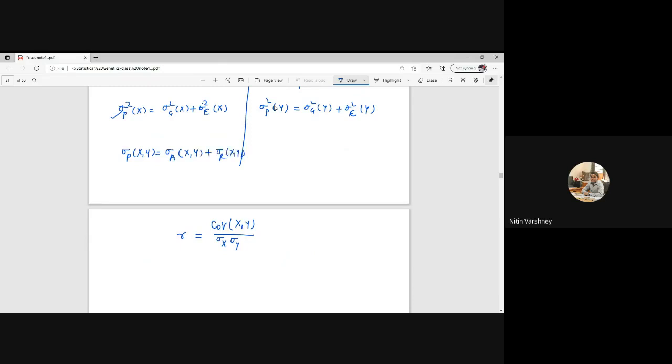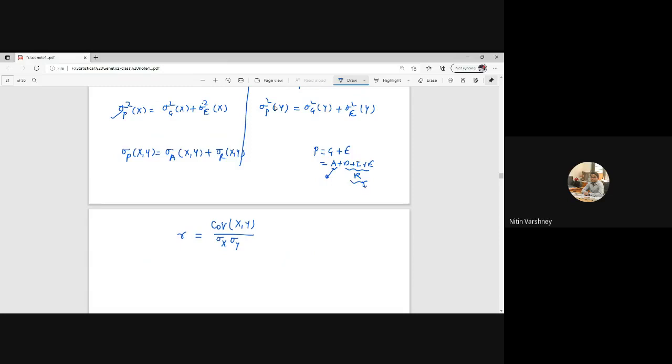If I write this G and E, I told you that P is equal to G plus E, and G is A plus D plus I, where A is the additive genetic effect and the rest is non-additive genetic effect.